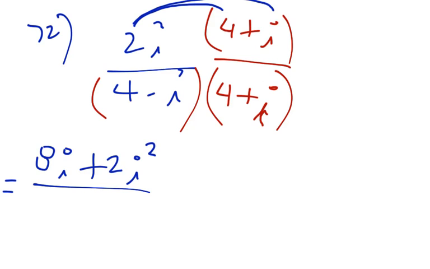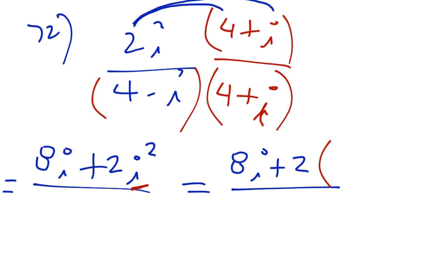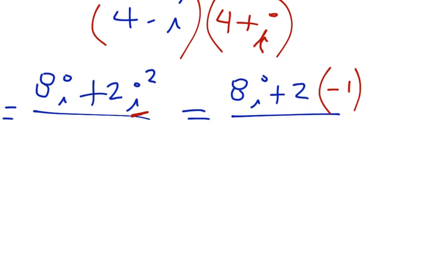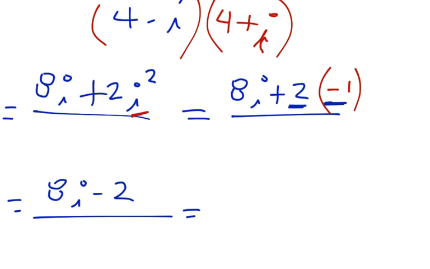So now I have 8i plus 2 times i squared. But what's i squared? It's negative 1. So I have 8i, and positive 2 times negative 1 is negative 2.